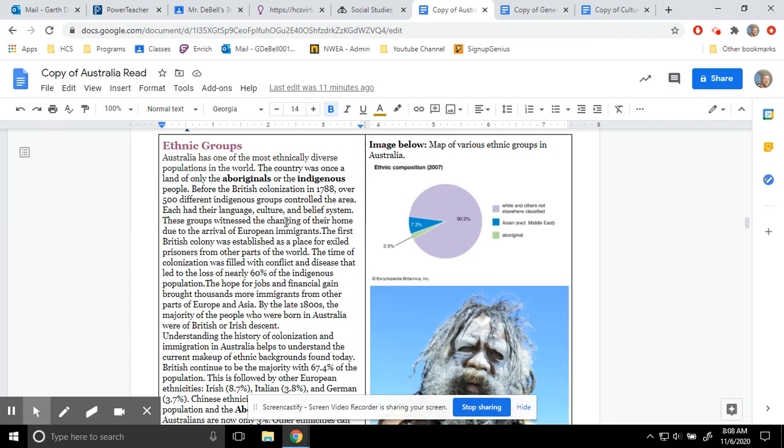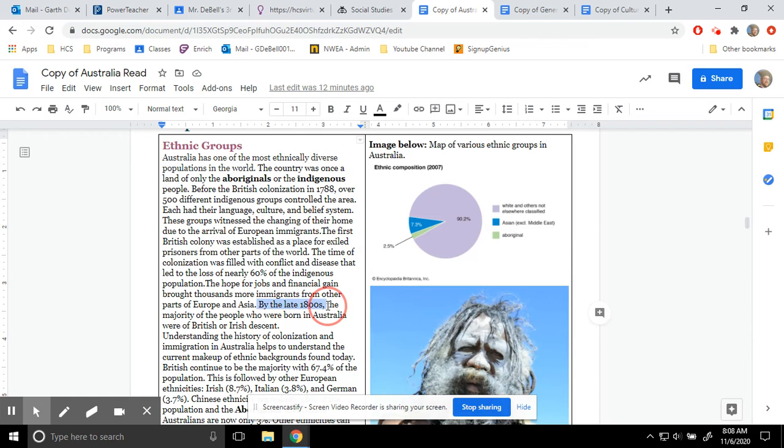There were 500 different indigenous groups in that area of Australia, but they didn't last very long. Just during the time of colonization, 60% of the indigenous population ended up dying because of conflict with the settlers and disease that the settlers brought.